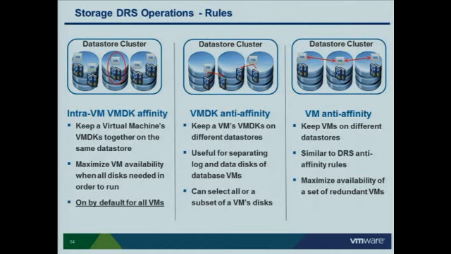We have the VMDK anti-affinity rule, keeping them separate, and we have a virtual machine anti-affinity rule as well, where we can keep virtual machines on separate data stores for whatever reason. So again, those of you familiar with DRS, a lot of the conceptual features that you get with DRS, we're also getting with Storage DRS.